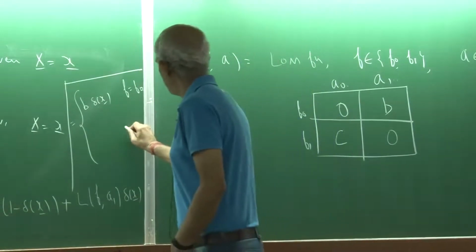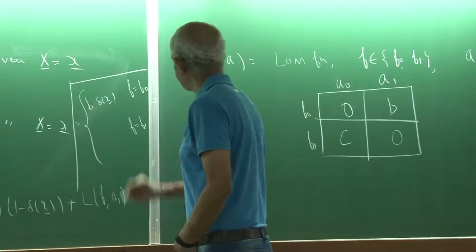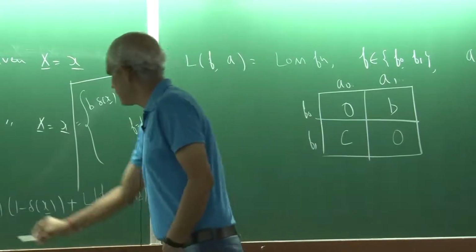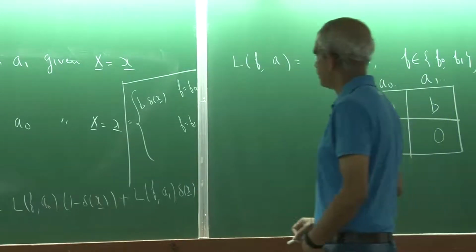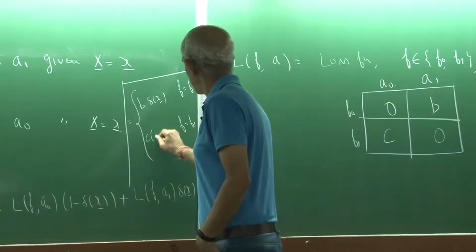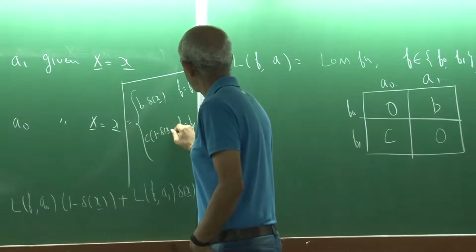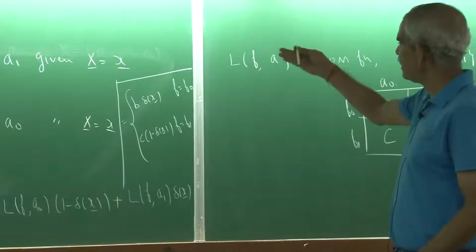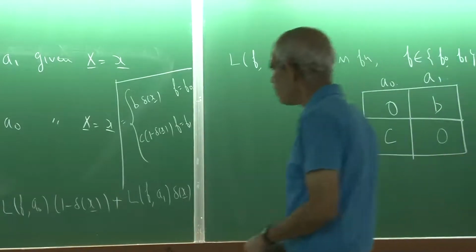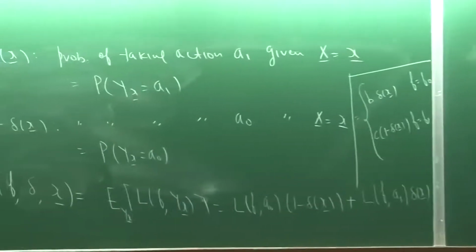And when f is f1, then this is the same as L f1 a0. L f1 a0 is the same as c times 1 minus delta x. So my L star f delta x turns out to be this quantity. So now I find out what is the risk function.